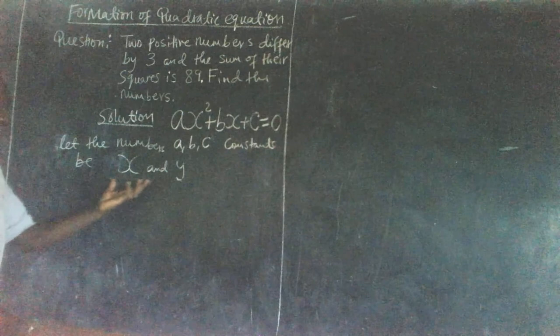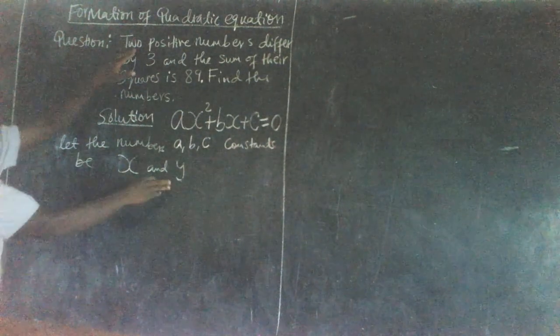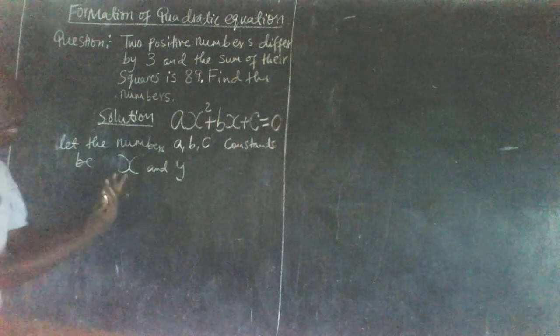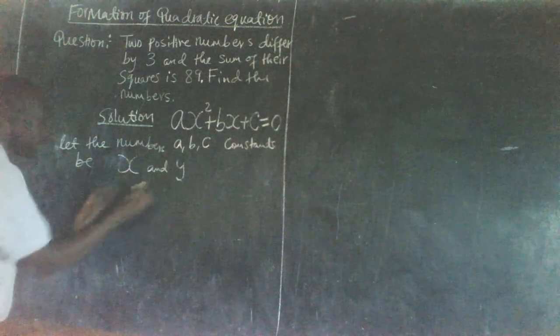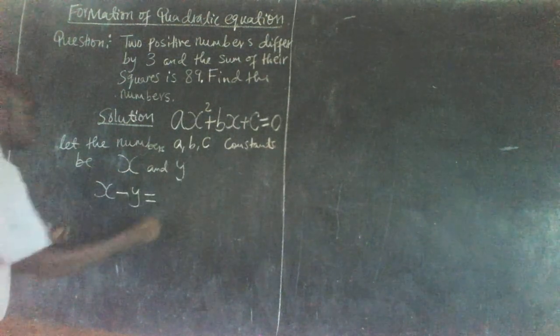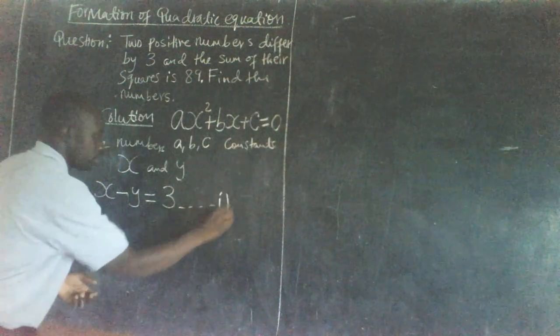And the question says they are both positive numbers. Two positive numbers differ by 3, so the difference of the two numbers is 3. So x minus y gives 3. We call it the first equation.